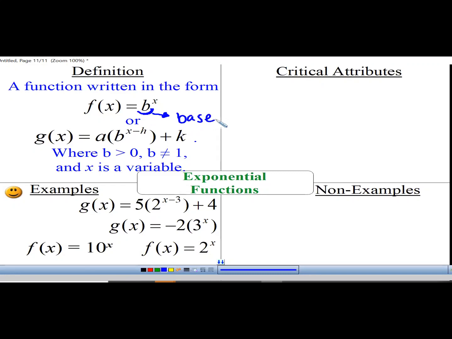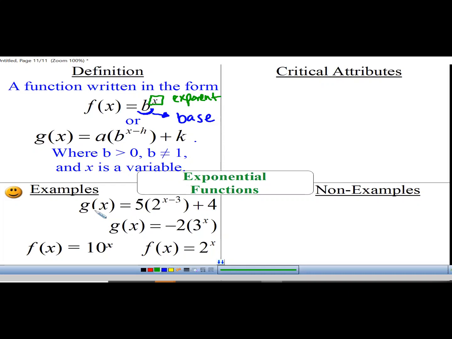Some of you are like, oh yeah, Mr. Q, I remember this. Yes. And in green, I'm going to box the x, known as the exponent. The x is an exponent. So according to the definition, it says here that b, or the base, has to be greater than 0 and cannot be equal to 1. Also, it says that x is a variable, so the exponent has to be a variable.